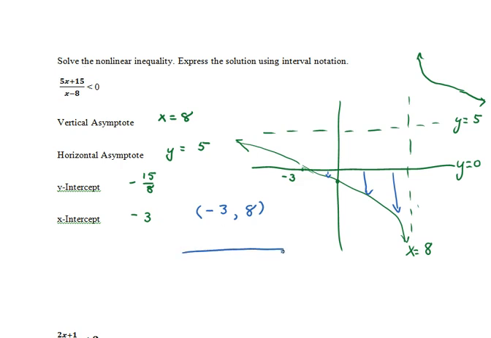The graph of this would have negative 3, 8, open circles at both of those, and a segment in between.